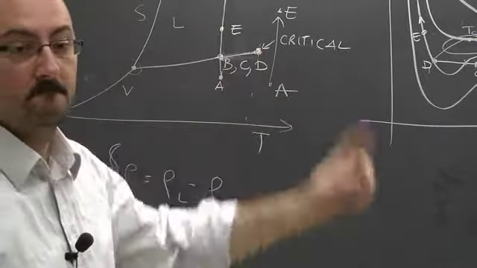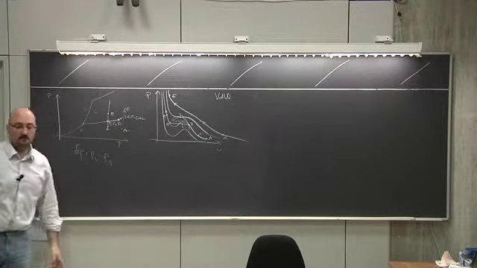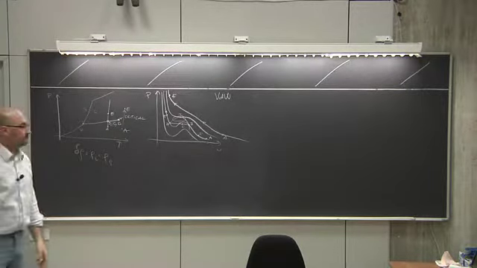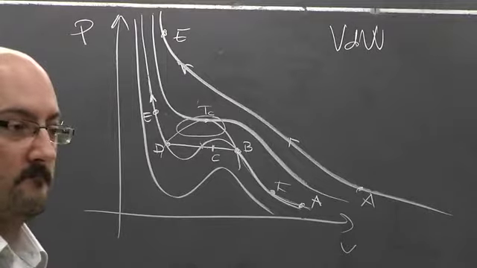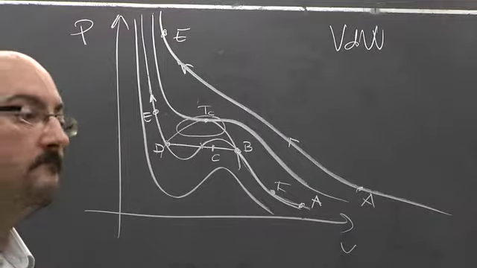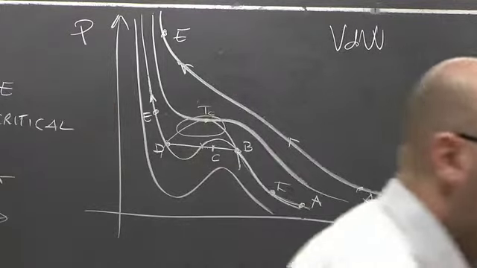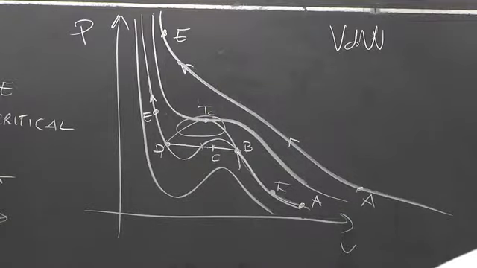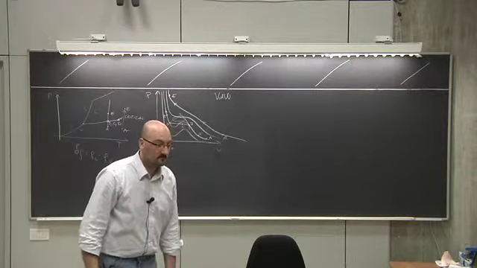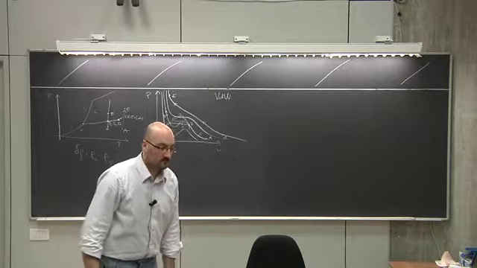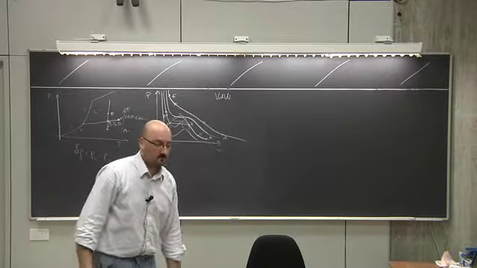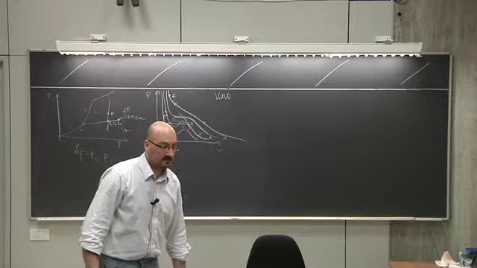So if I look at this curve here, suppose we are at this temperature, in this isothermal, how can I get the density of the liquid and the density of the gas? PV is equal to RT. No, that's for the ideal gas, right?